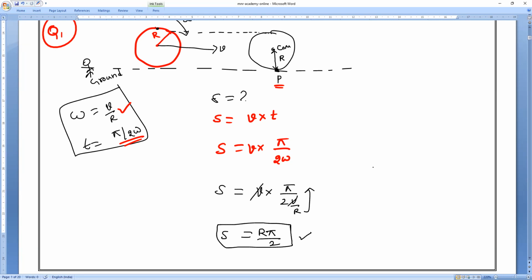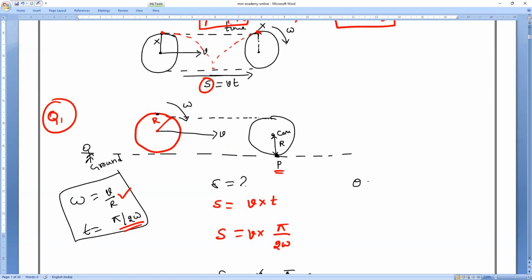Are you clear now? Now, during this time period, what is the displacement? That is what we have to calculate. We all know that angular displacement is equal to, what is the formula? Angular velocity into time, because displacement is velocity into time.